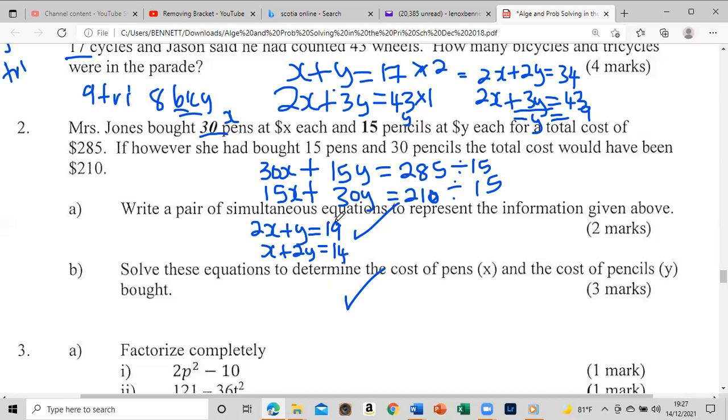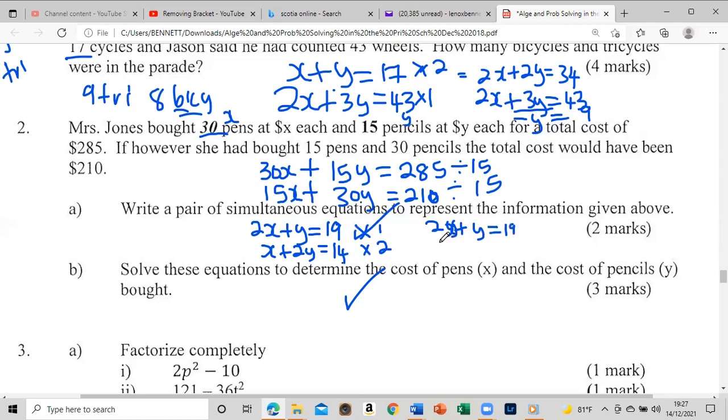So solve it from there. We can multiply this equation 1 by 1 to get rid of x. So 1 times that will give 2x plus y equals 19.